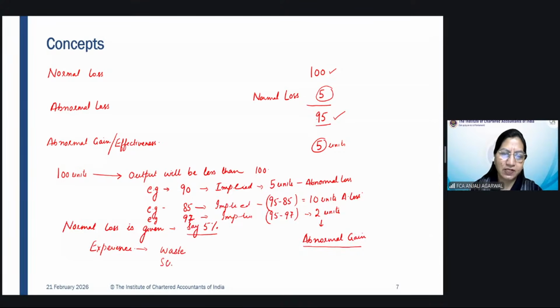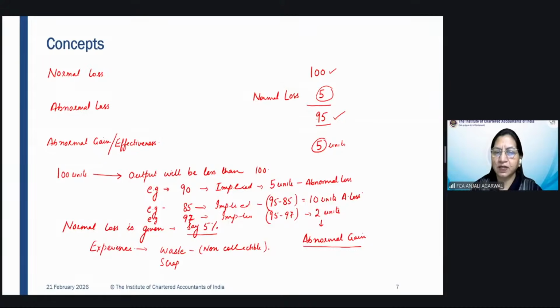So if it is uncollectible, you cannot collect it, then it is totally waste. Nothing will be recovered from it. For example, if you keep kerosene oil or petrol, after some time you will see that the quantity of that petrol, kerosene oil, or spirit has evaporated to some extent.